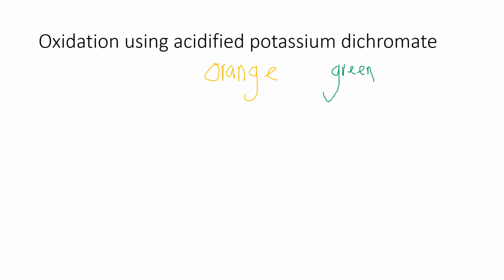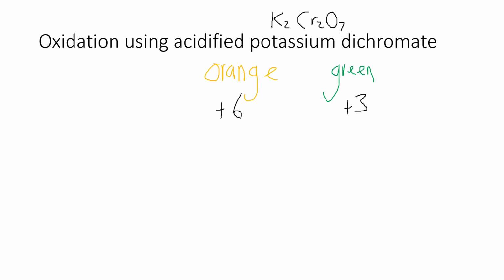What's going on is that in potassium dichromate, K2Cr2O7, the chromium is in the +6 oxidation state, and when it oxidizes something else it gets reduced in the process, so the chromium gets reduced to +3, hence why you see this orange to green colour change.